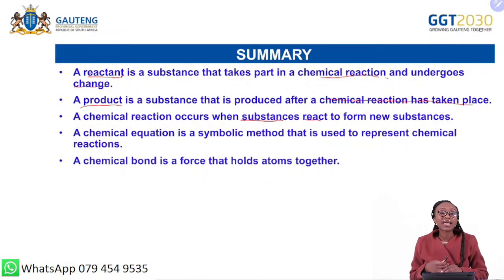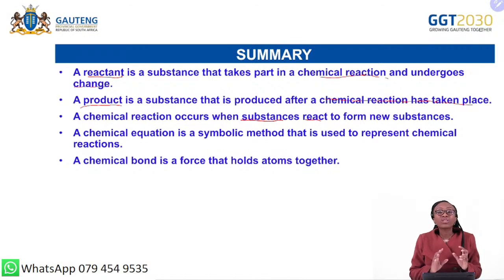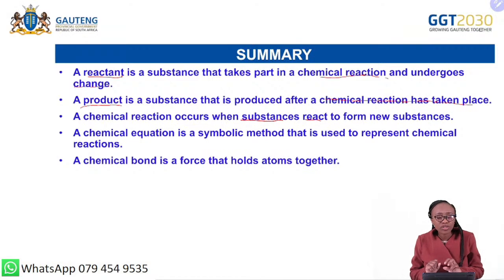And then we learned that a chemical bond is a force that holds atoms together. We learned something very special about chemical bonds. With the reactants, chemical bonds between the atoms of a reactant break during a chemical reaction. They break, and then there is a rearrangement of atoms. Once there is a rearrangement of atoms, new bonds form.